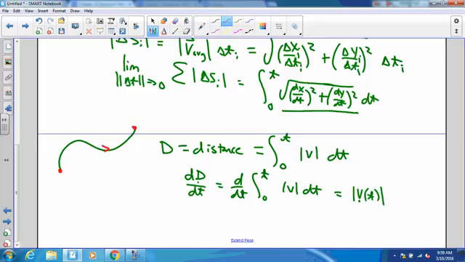In other words, the speed is the rate at which the distance is changing as the particle moves along the curve. So if I have some crazy curve like this, and I'm going from this point to this point in this direction, then at any point in time, the speed tells me how quickly I am making progress along the curve.